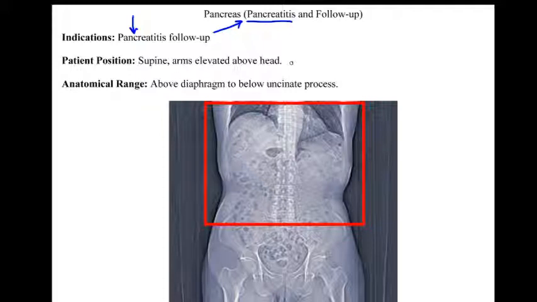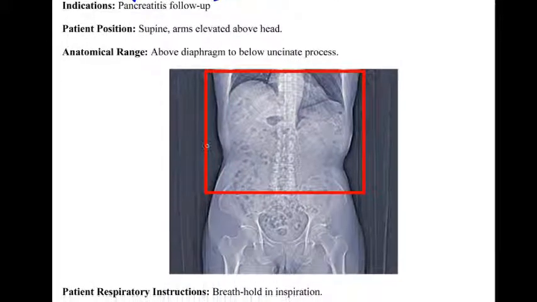So the patient is once again going to be situated supine with their arms elevated above their head. And the anatomical range here is going to be above the diaphragm to below the uncinate process. The problem being here, where exactly is the uncinate process?